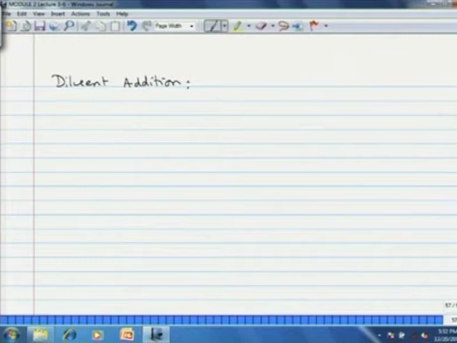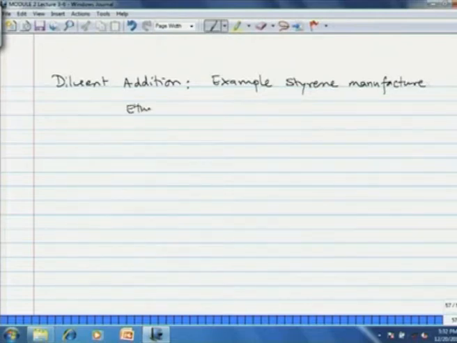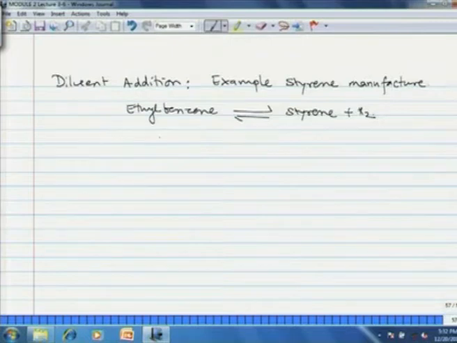An example in this category is that of styrene manufacture. The chemistry is like this: ethyl benzene is dehydrogenated to generate styrene and hydrogen, and there are 2 side reactions that take place.